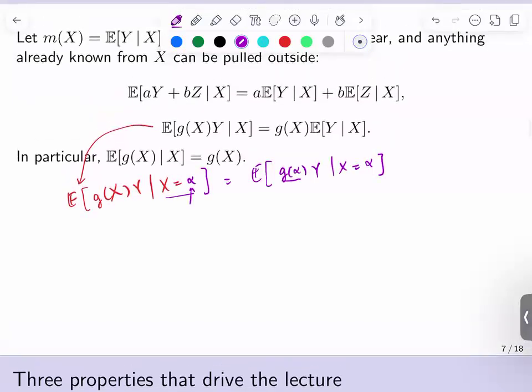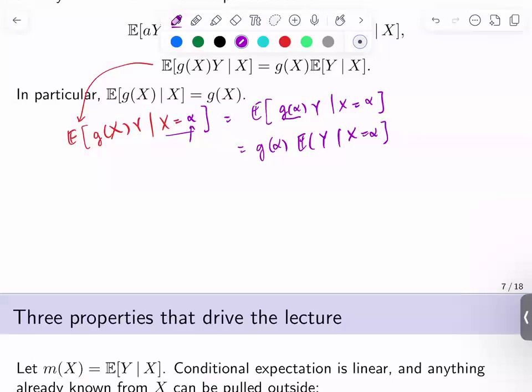I can apply this result. I can pull the constants out. So the constants come out. I get g of alpha times the expectation of y given x equal to alpha. And because this holds for any alpha, right? If I look at this as m of alpha, let's call the left side r of alpha.